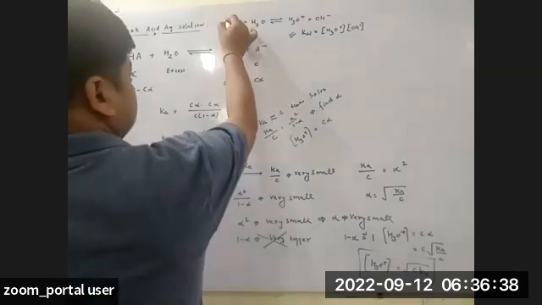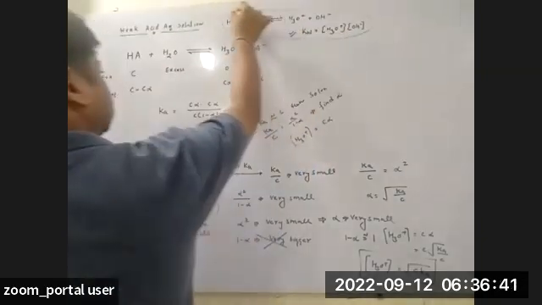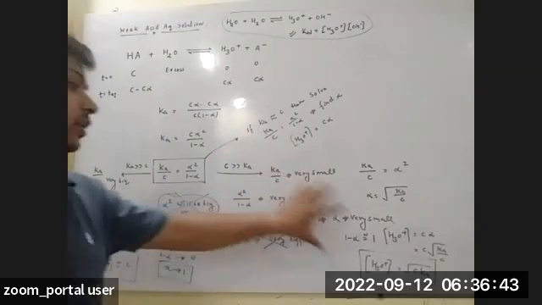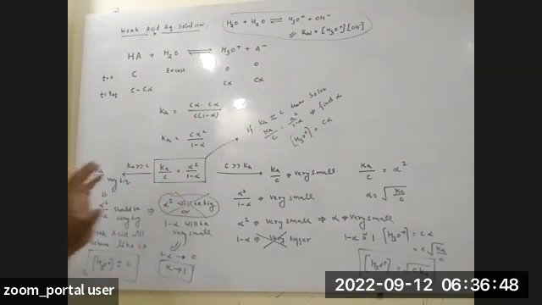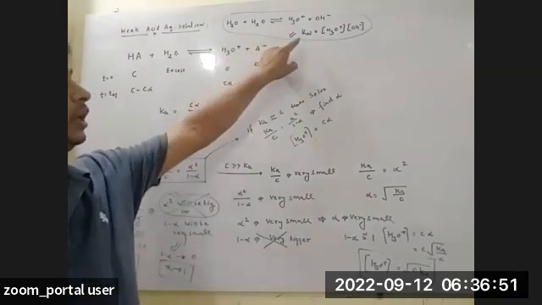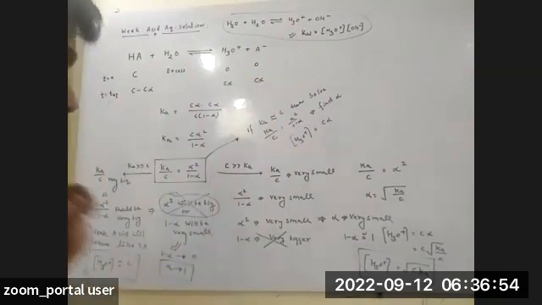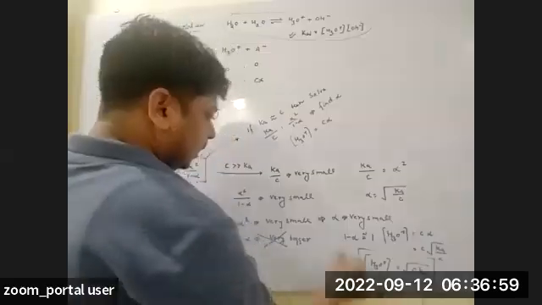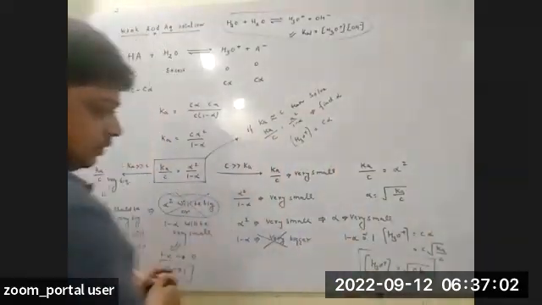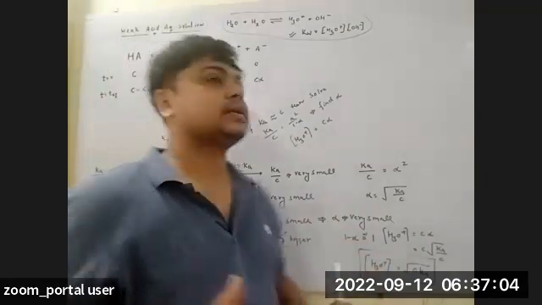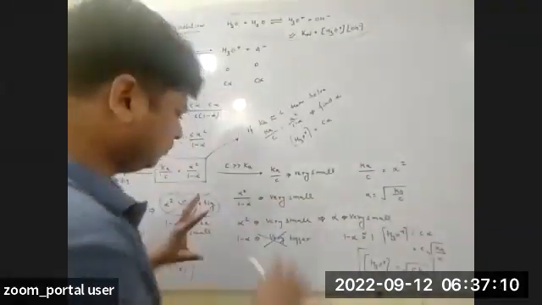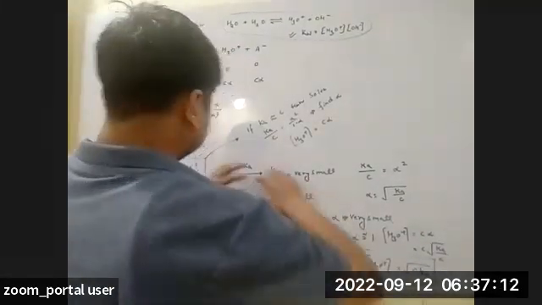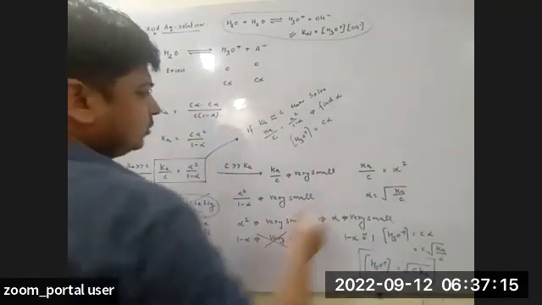Now listen carefully about this section. In all these three categories, category 1, category 2, category 3, we are not assuming the H plus ion coming from water. So first we will calculate H3O plus in this way. Let's say H3O plus is coming around 10 to the power minus 4.